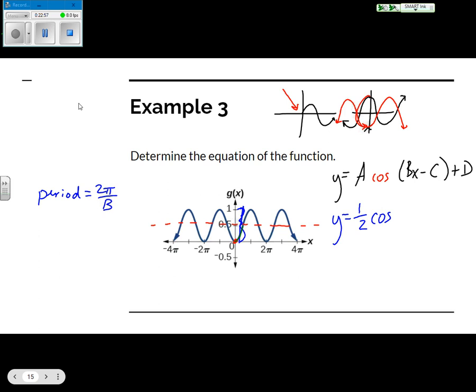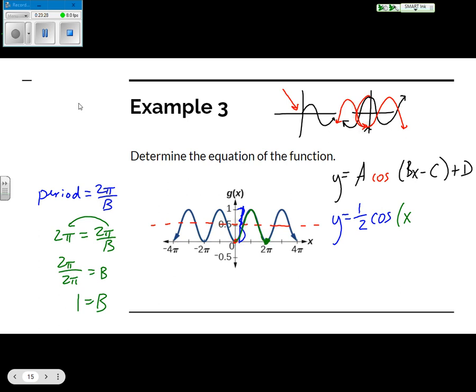The period that it takes to complete one full hill and then the rest of each half of the valley and get right back here where I started at is 2 pi. So there's no period change on this. If I move the hat, I get my B is just going to keep the same value, 1. So you don't have to put the 1 there. You can just throw an X. 1X if you need to. That's fine.